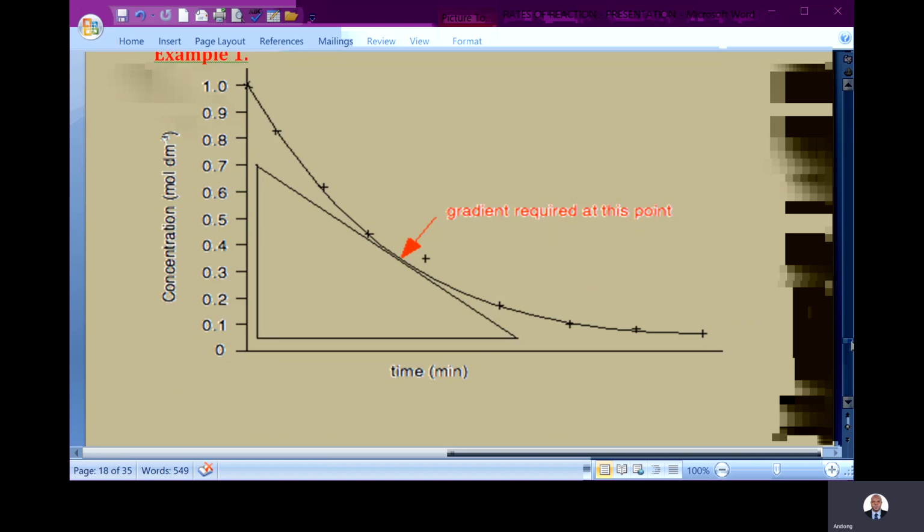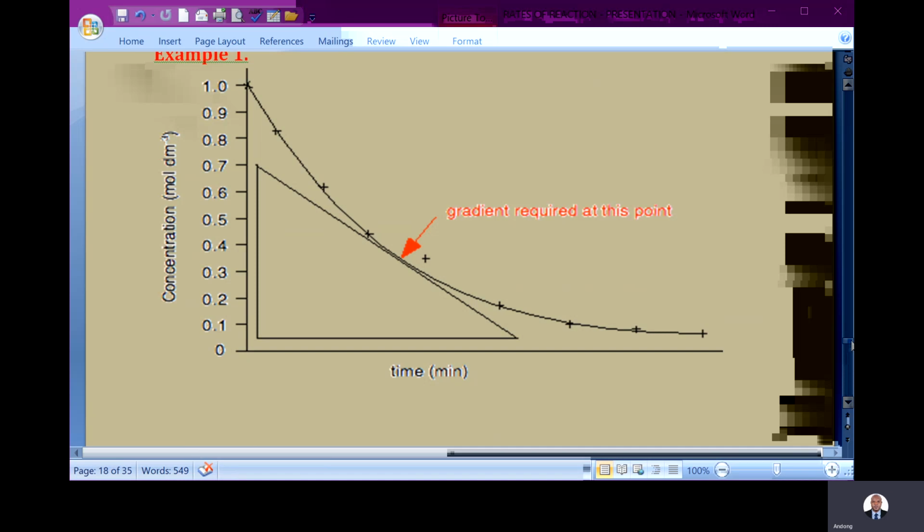If we are dealing with a volume, it will be a volume with time. It could be cm cube or dm cube, so cm cube per second. If we are dealing with gram, it should be gram per minute or gram per second, depending on what you are measuring.